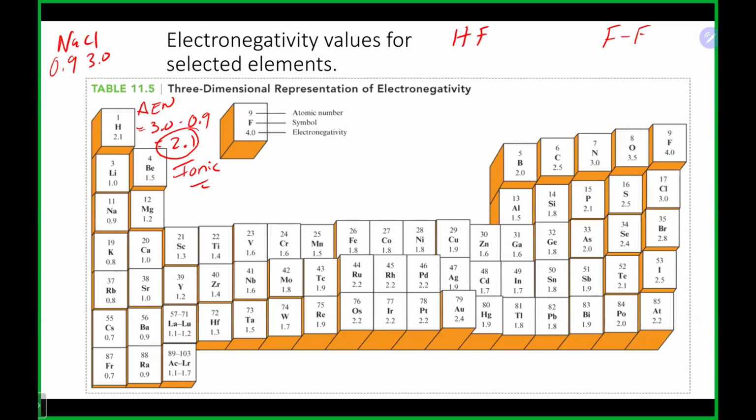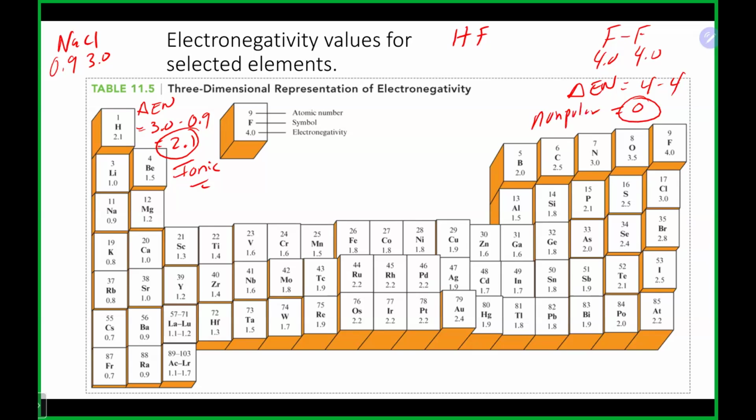If you look at F2, fluorine is 4 and fluorine is 4. So the difference in electronegativity is 4 minus 4, which is 0. That falls between 0 and 0.4, and that's definitely a non-polar bond.